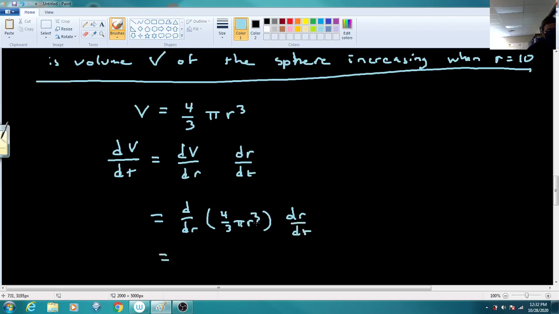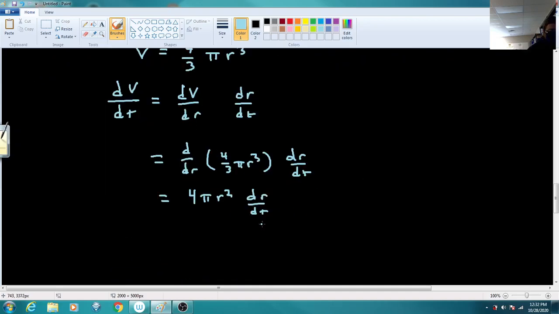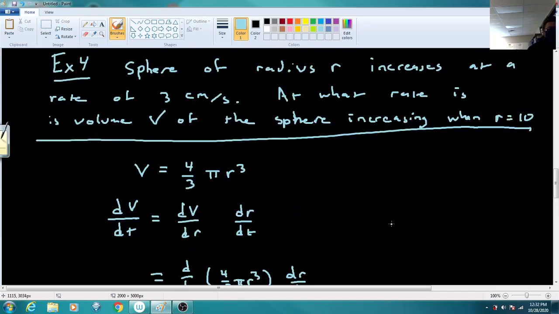So d/dr of this, the 3 will come down and cancel with the 3 there. We'll get 4 pi r squared times dr/dt. And they tell us the radius increases at a rate of 3 centimeters per second.